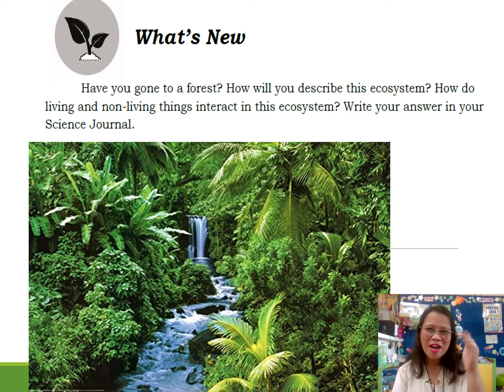The way there passes through forests. This is part of a forest. How will you describe the ecosystem? How do living things and non-living things interact in the ecosystem? As you can see there, you have plenty of plants. Plants are what we see there. Then you have the presence of the falls, the river, the stones, or the rocks. Okay?